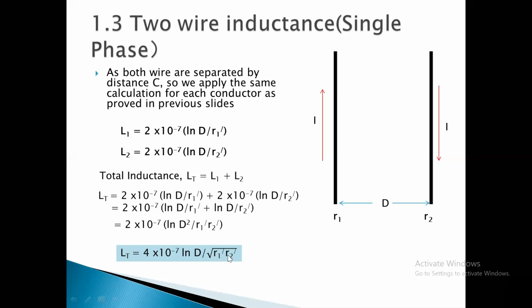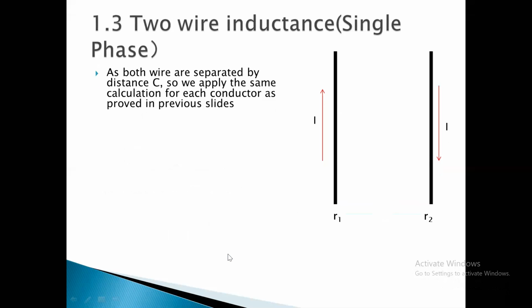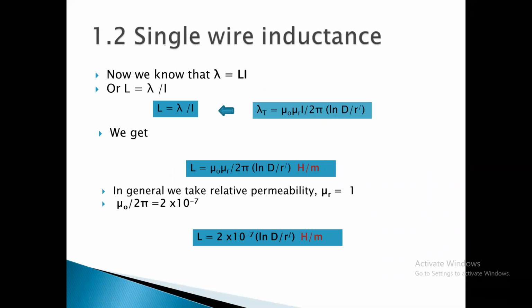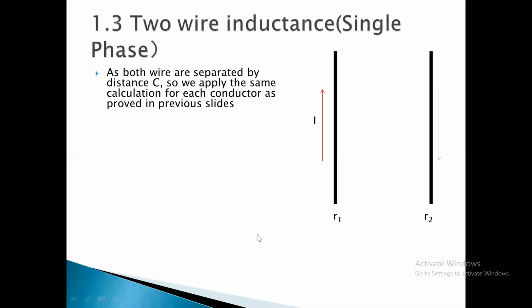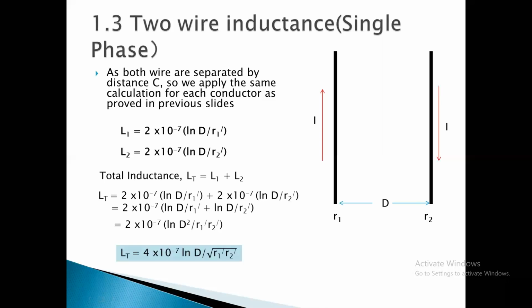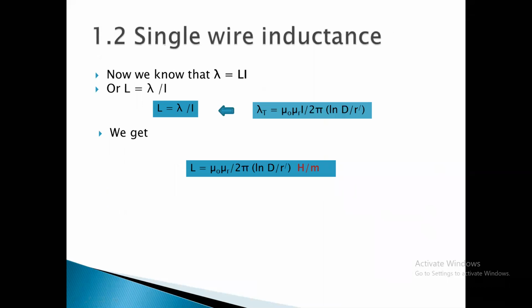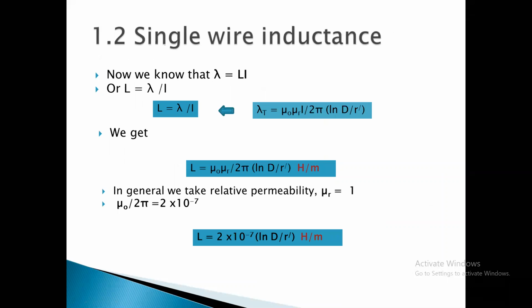You must remember it. First, you must remember the formula for a single conductor. Then in case of two conductors, you have to remember this formula. I'm telling you a sequence of how to remember the formulas. There are two conductors, so (r1' r2') whole power 1 divided by 2. For one conductor, there is only r' power 1 divided by 1.